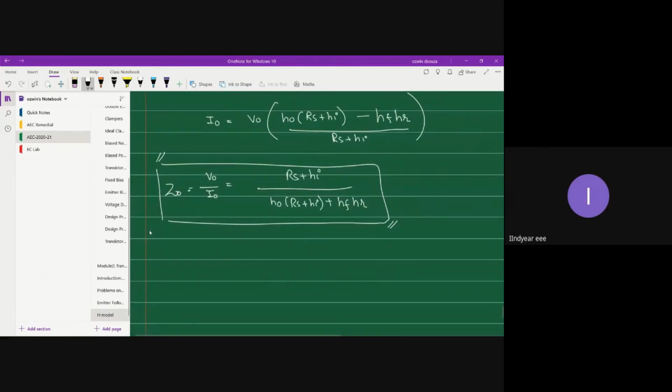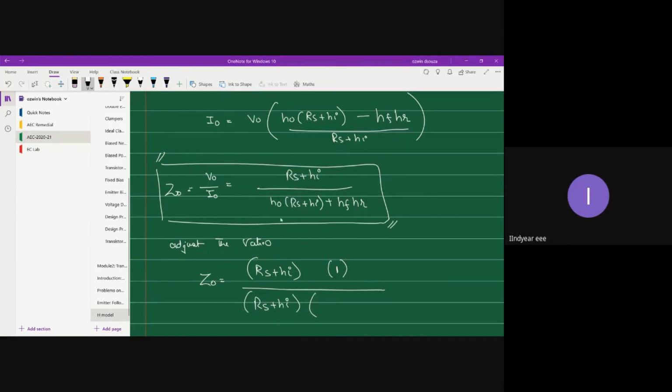And ideal Z0 is what basically? It should be the reciprocal of the admittance, right? So if you want, I can just show you. You can just adjust the ratio. Z0 is equal to, let me take Rs plus Hi as the common factor from both numerator and denominator. So obviously in the numerator, you are left with unity if I take out Rs plus Hi outside the bracket. In the denominator, let me also take Rs plus Hi outside the bracket.